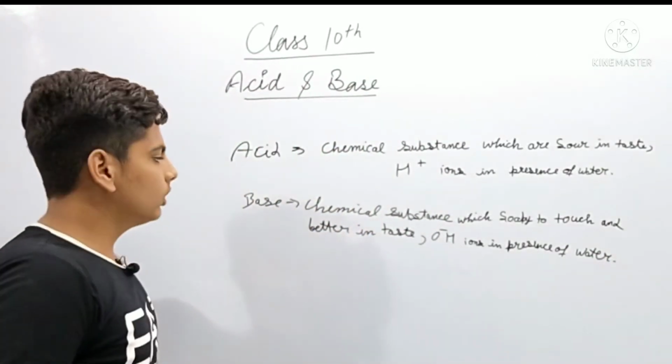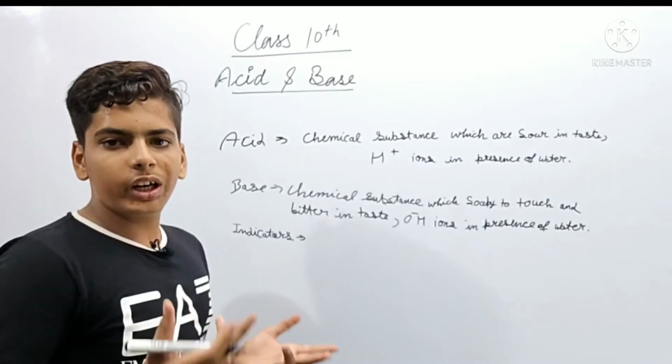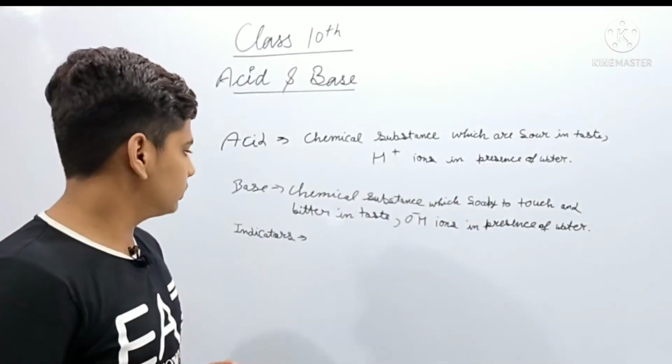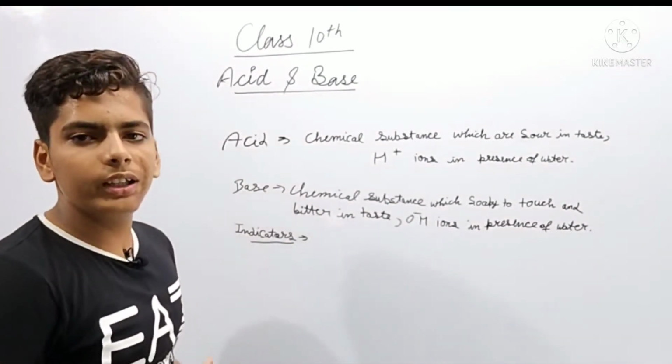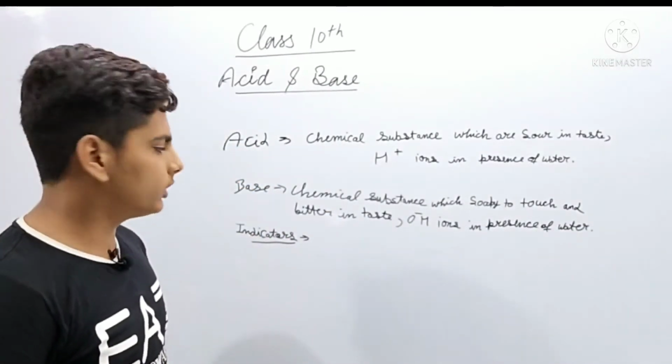We cannot touch or taste every substance. So friends, we don't touch and taste every substance. So we use indicators to identify whether the substance is acidic or basic in nature.